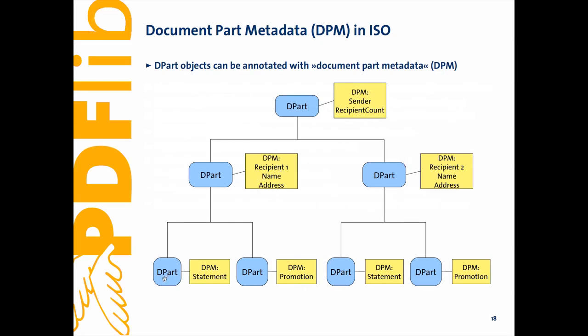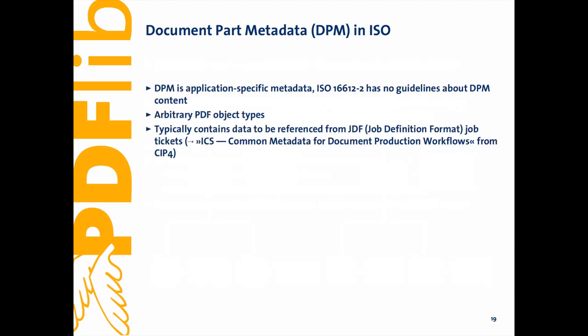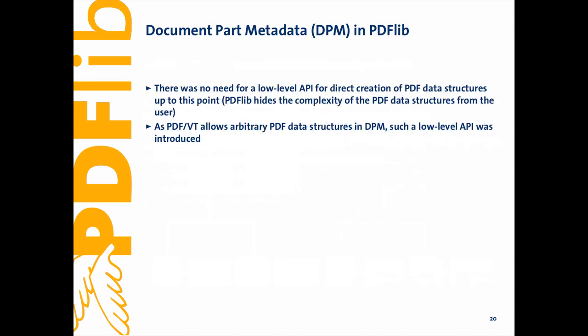And at the leaf node level, for a transactional promotional invoice document, we could have the statement part and the promotion part, which could be separately identified through the document part metadata. Here I mentioned JDF, but we will hear a lot more about that later.